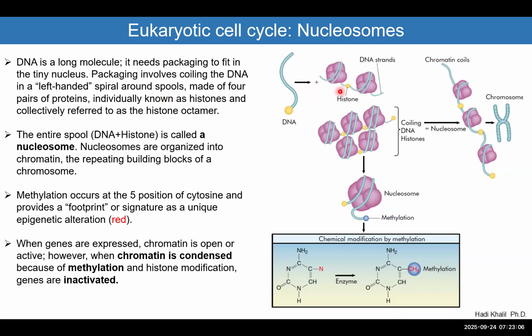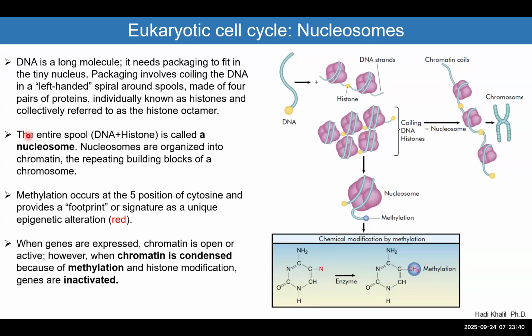So you will have the DNA spiraling around those proteins, which makes what we call a combination of a DNA and a protein called a nucleosome. Now, how many base pairs between one nucleosome and another? What's the size of these histones? I don't really care about that because this is not the scope of what we are studying here. This is important in genetics probably, but not in this course right now.